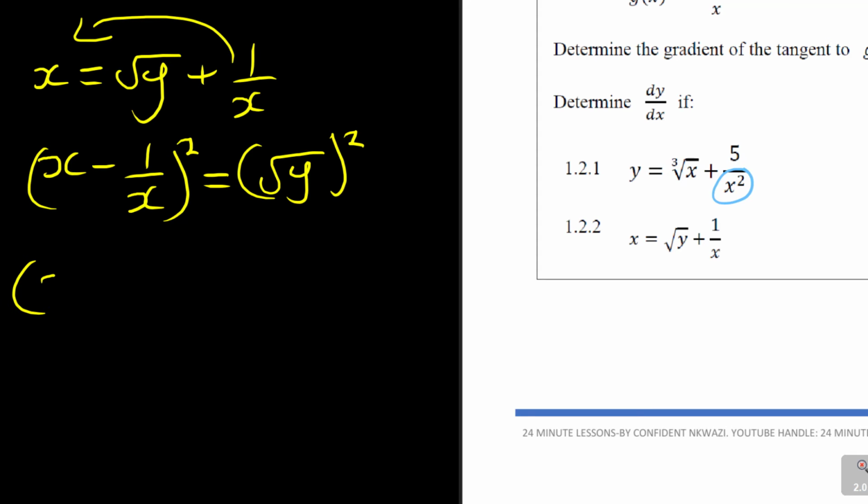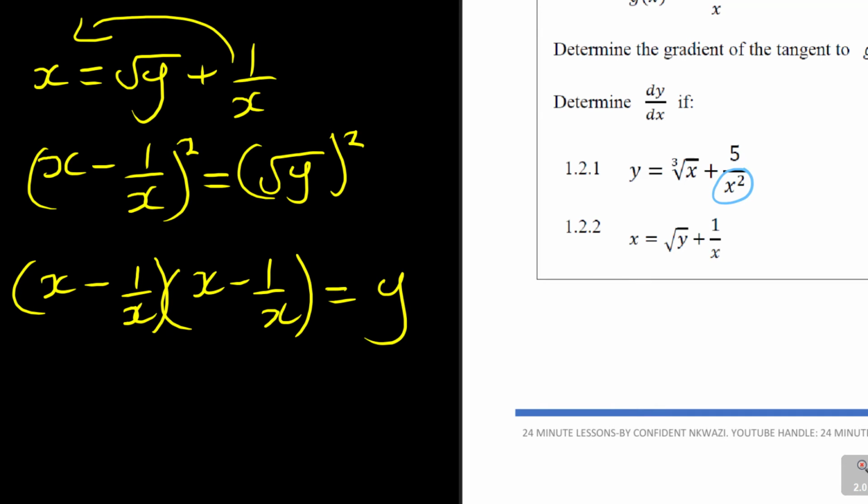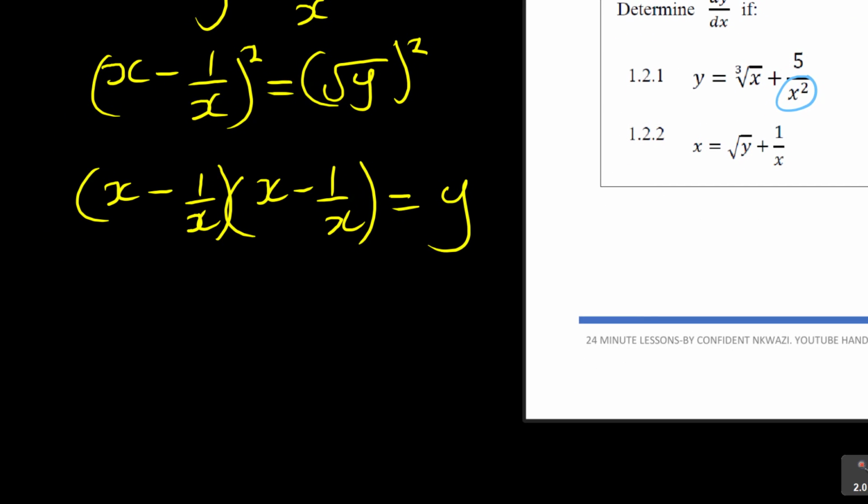But remember, when you square root, you have x minus 1 over x, and then another x minus 1 over x, is equal to y. That's what was making this 4 marks. x times x is x squared.